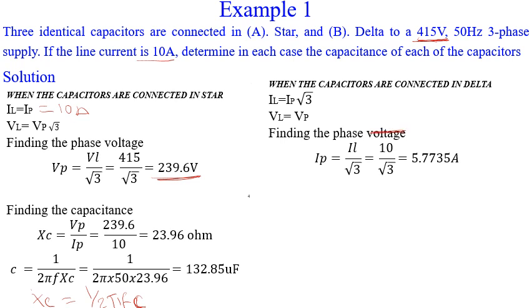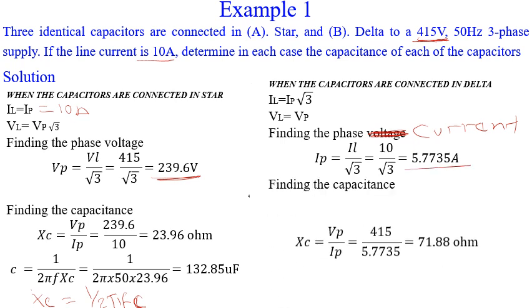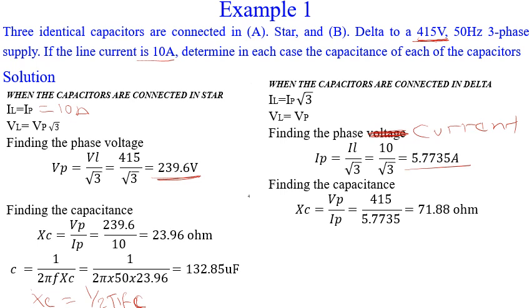Sorry, here is not voltage, we are finding our phase current. Our Ip is this. And after finding our phase current, we need to find our capacitance, so we just divide the 415 by the 5.77.